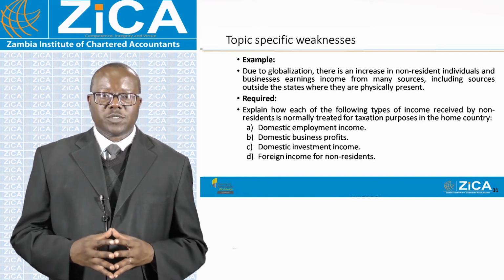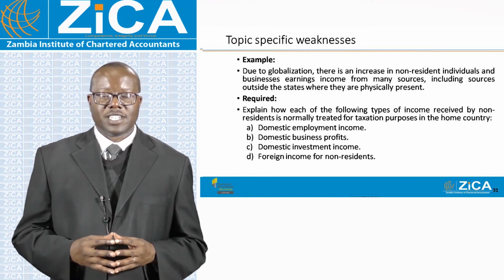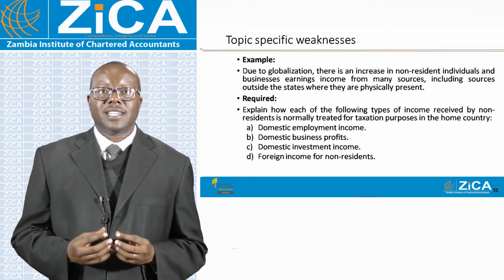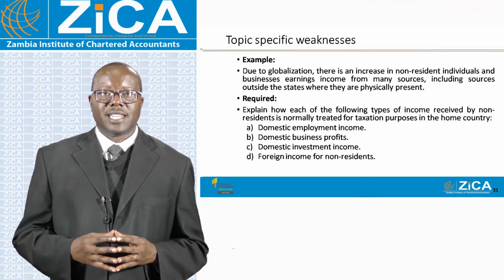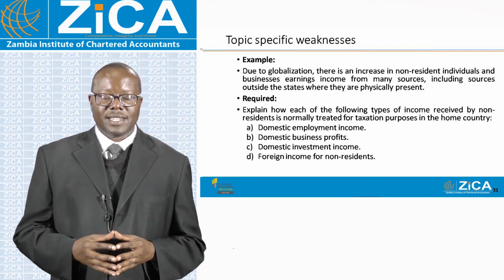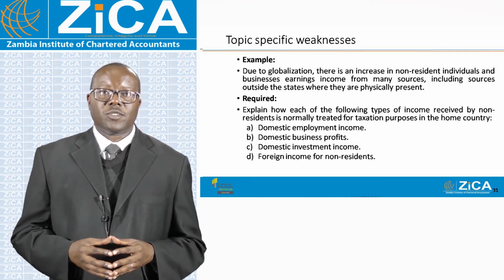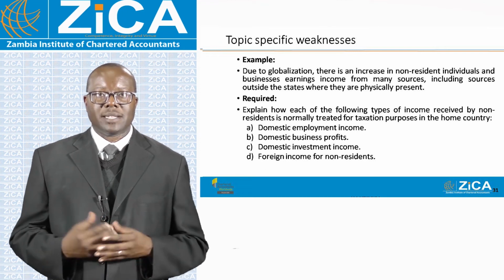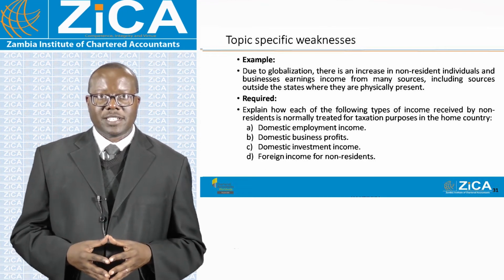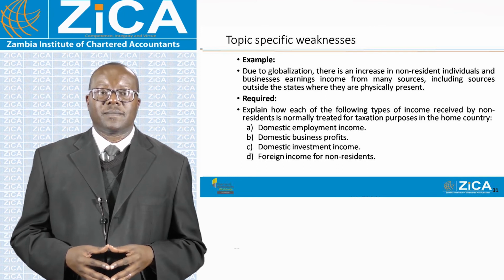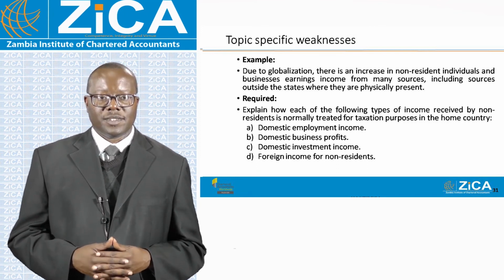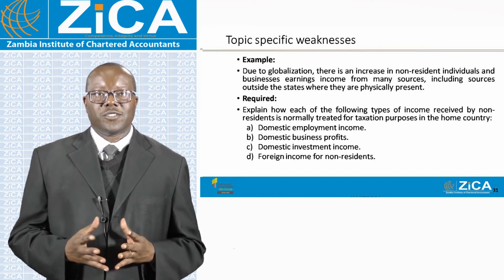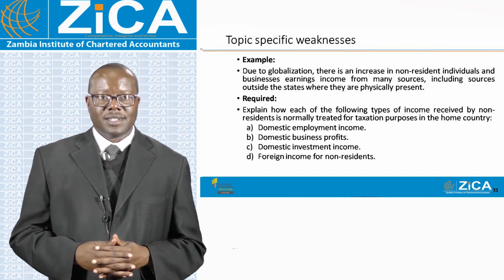Explain how each of the following types of income received by non-residents is normally treated for taxation purposes in the home country. A. Domestic employment income. B. Domestic business profits. C. Domestic investment income. D. Foreign income for non-residents.